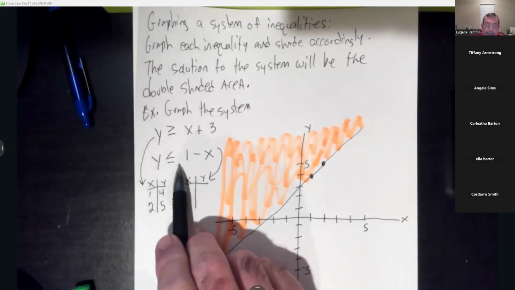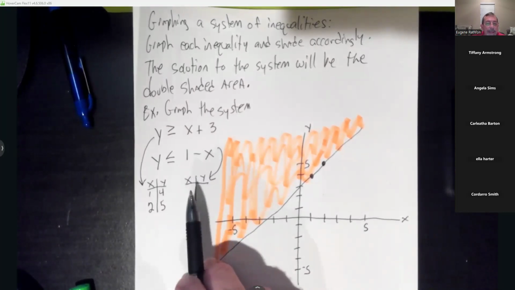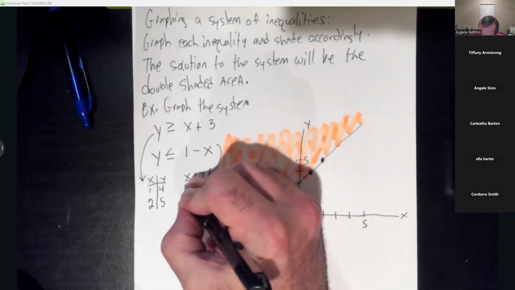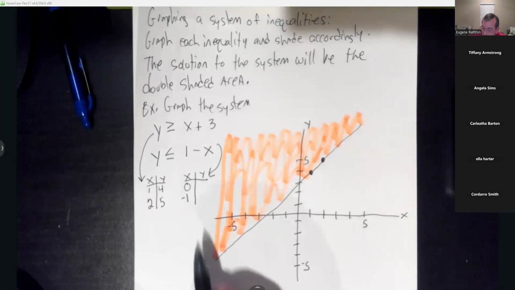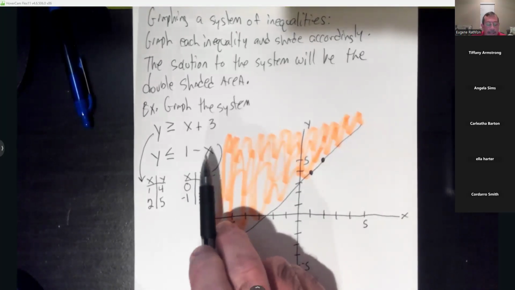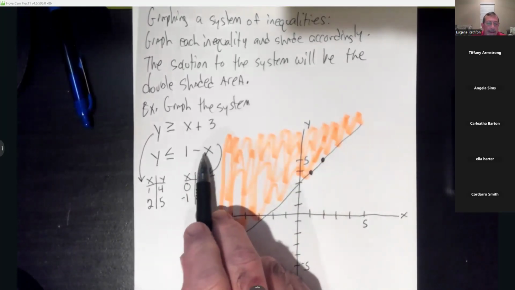All right, y'all. Graphing this second equation, 1 minus x. Hey, give me two x values. So 0 and -1. Okay, that was first. If I put a 0 in for the x, 1 minus 0 is 1. Oh, now here, watch this one.